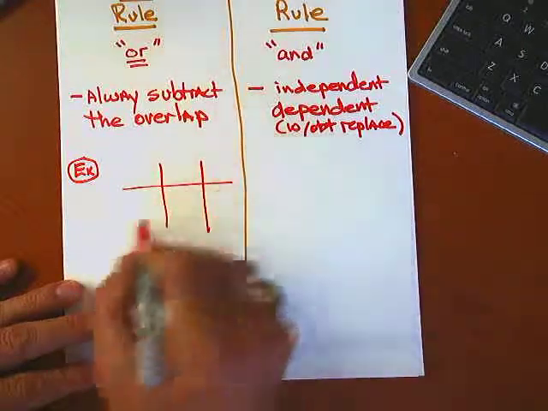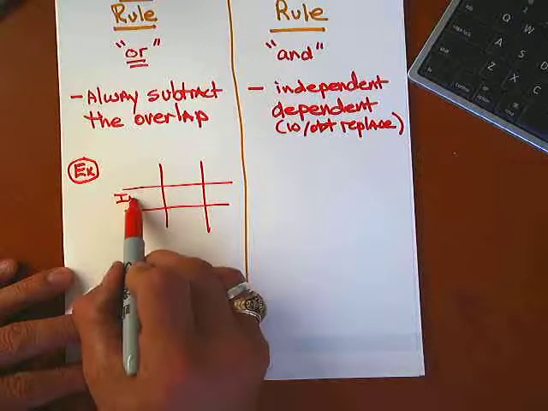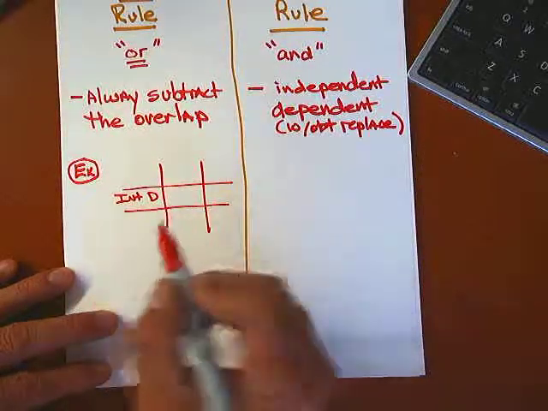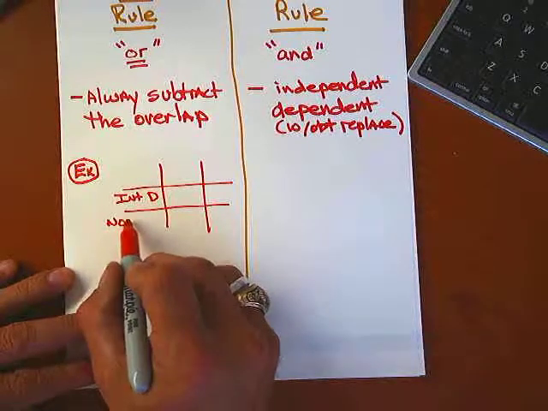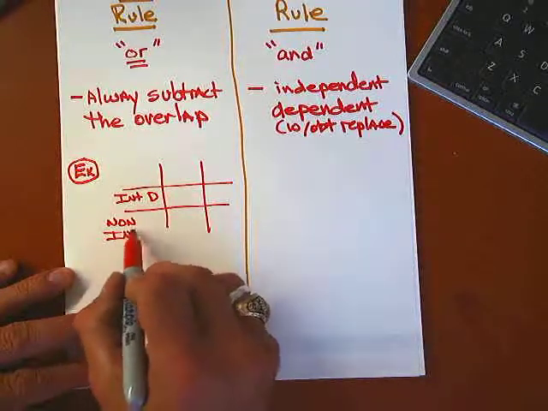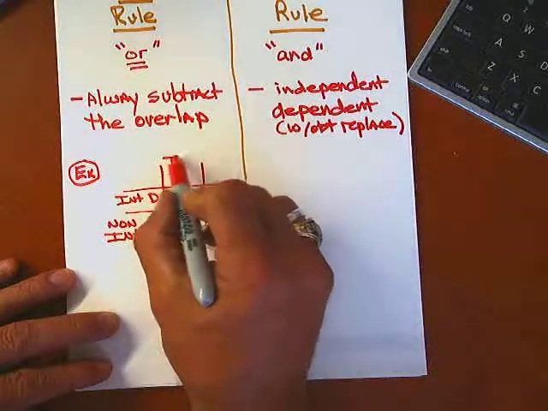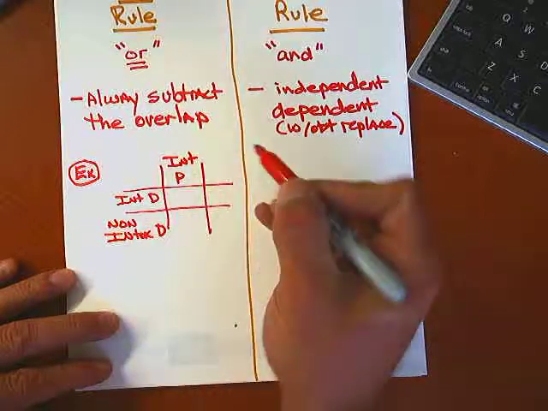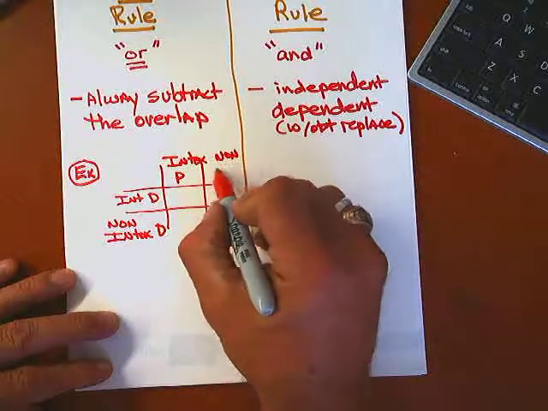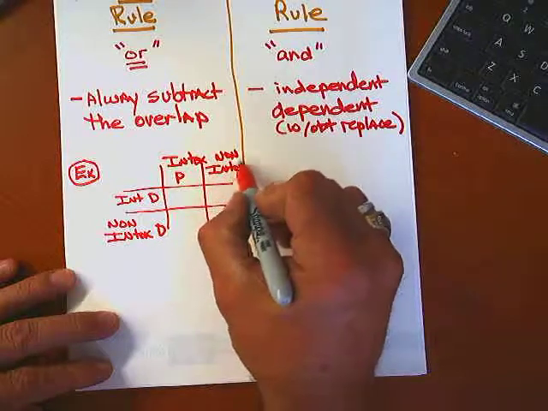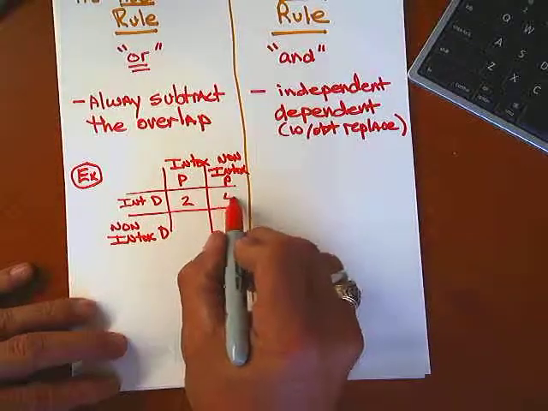Now, let me give you a quick example of the additive law. Let's say we have a chart, or table, and let's say this is intoxicated drivers and non-intoxicated drivers. And this is intoxicated pedestrians and non-intoxicated pedestrians.